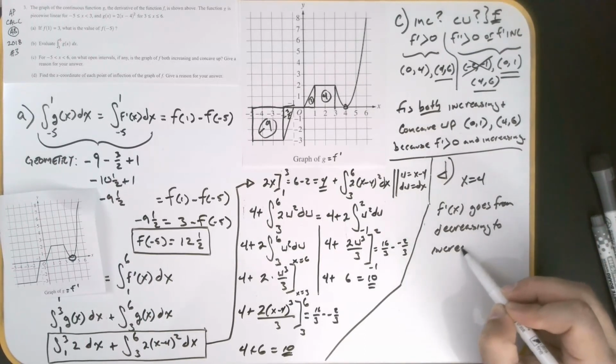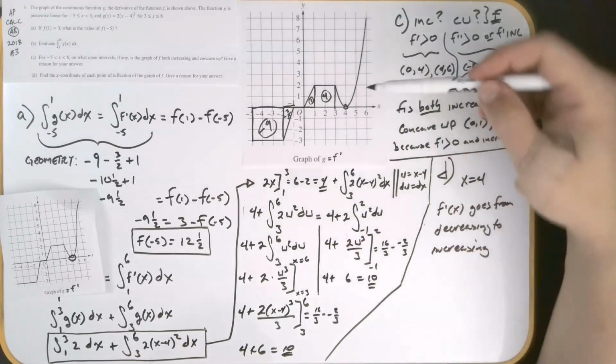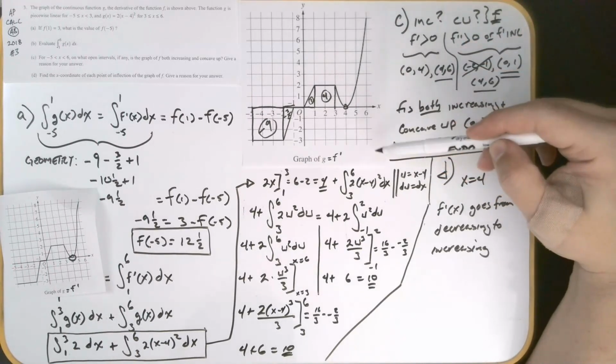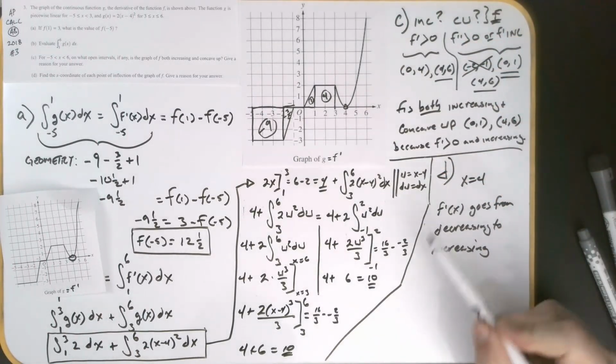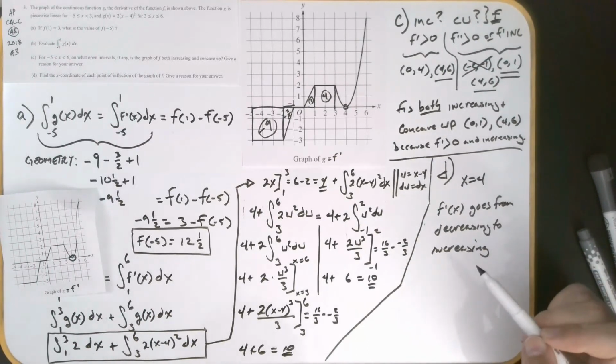And that's just a mathy way of saying kissing, or the other way around. Whenever you have a kiss, your derivative is going from decreasing to increasing, or if it was from below, increasing to decreasing. So that's how you say kissing mathematically here. So at x equals 4 because the derivative goes from decreasing to increasing.